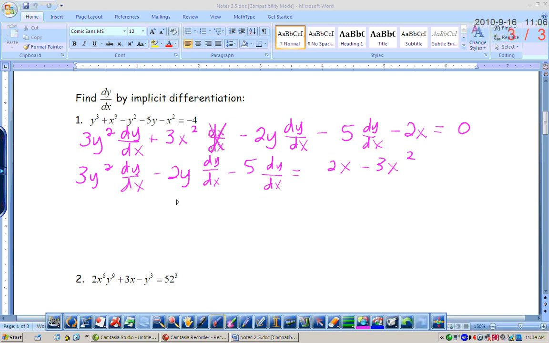All right, now if I wanted to solve for dy dx, any suggestions? Factor it out. Good. So everything on that left side now has a dy dx in it, so I have a common factor of dy dx, or y prime.